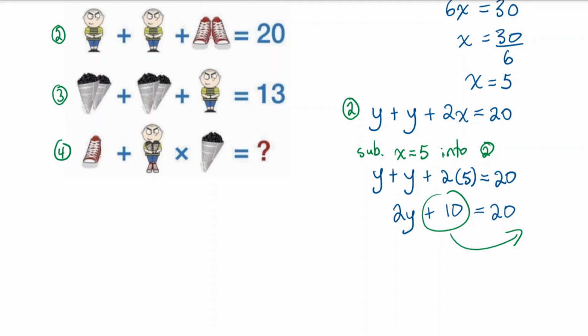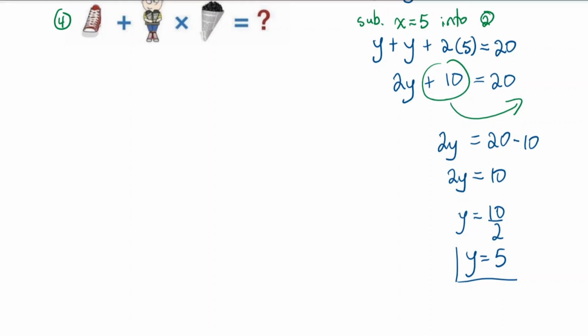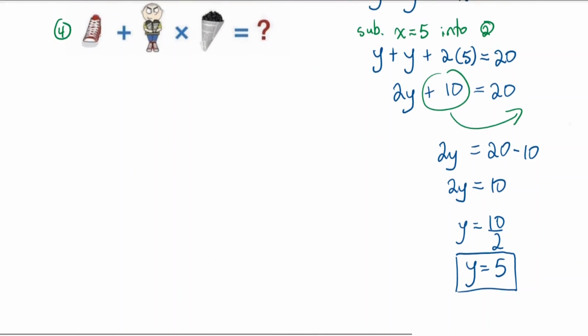We've got 2y equals 20 minus 10, which gives us 10. Now bring the 2 to the other side. We divide both sides by 2, and we get 10 over 2, which gives us a final answer of 5. So so far we've got y equals 5 and x equals 5, meaning a single shoe is 5 and the boy has a value of 5.